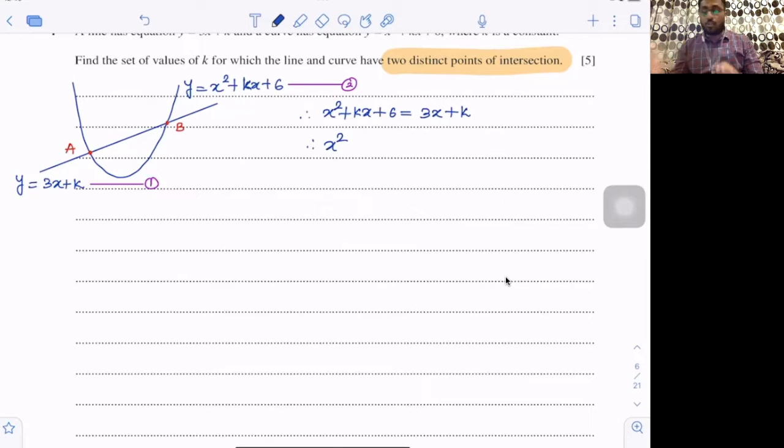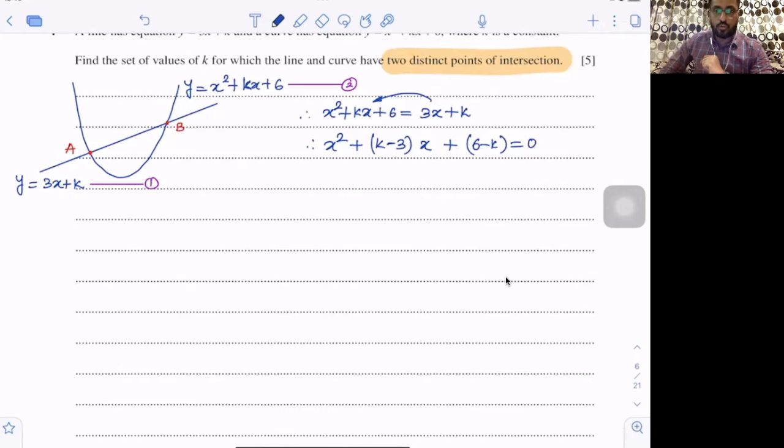There is a 3x on the other side, isn't it? You can bring it here. So it becomes minus 3x. So there is kx and then there is minus 3x. So you get x square plus (k minus 3)x plus 6 minus k is equal to 0. So that's your quadratic equation in x.